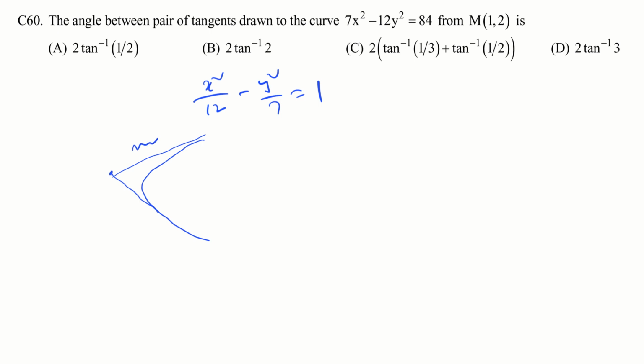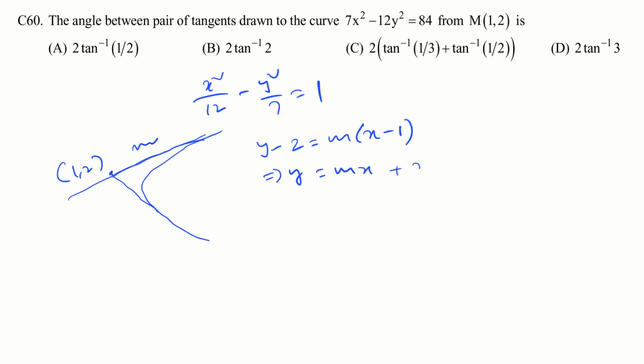Now if I assume that m is the slope, the point is 1 comma 2, I'll write equation to this tangent now. So it is y minus y1 is equal to m into x minus x1, or I have y equal to mx plus 2 minus m, that's the tangent. That is this line equation.